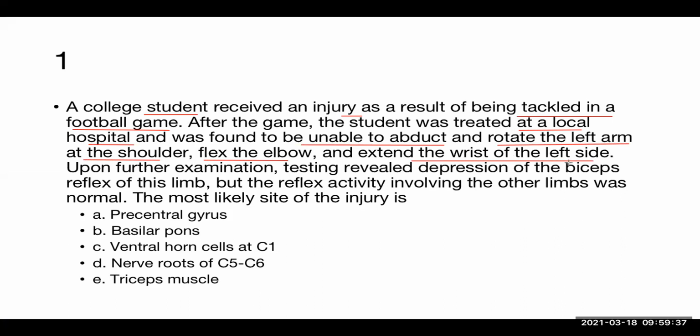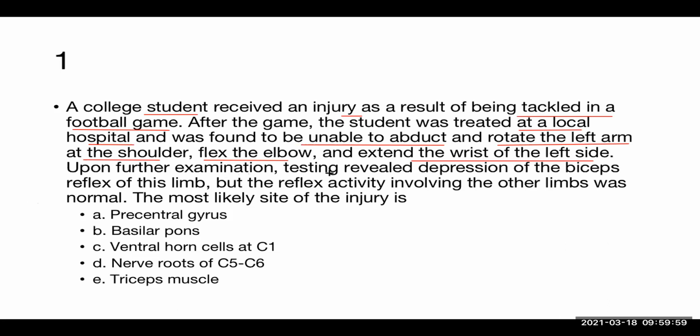So most of the problems are happening on the left side. Abduction of the shoulder is gone. Flexing the elbow is also a problem, and extending the wrist is also a problem on the left side.